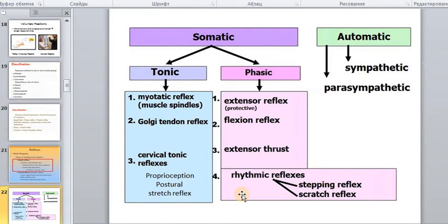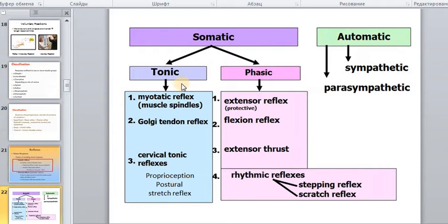Today we will have a lot of information about these reflexes. What we have on this picture: somatic reflexes can be tonic or proprioceptive, sometimes we call them postural, for example, the stretch reflex.